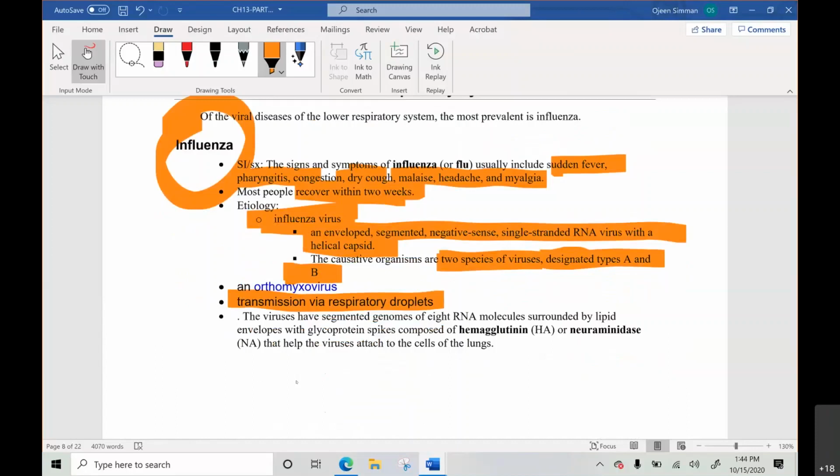The influenza virus has a segmented genome with about 8 RNA molecules surrounded by a lipid envelope that has glycoprotein spikes. 2 important ones are named hemagglutinin and neuraminidase. These spikes help the flu virus to attach to our lung cells.